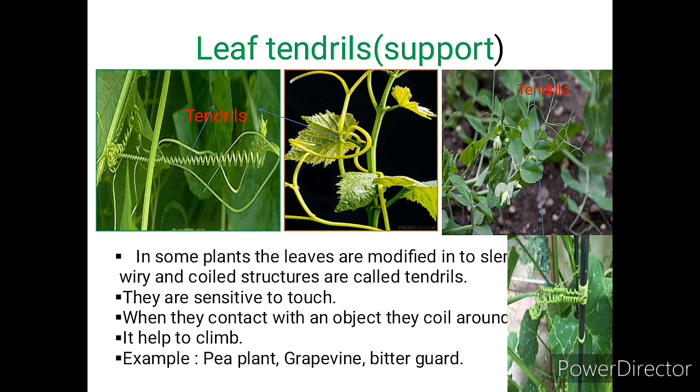So the first modification we are going to discuss is known as the leaf tendrils. Tendrils are nothing but spring-like structures. You can see the spring-like structure in the picture. These spring-type leaves are very sensitive.